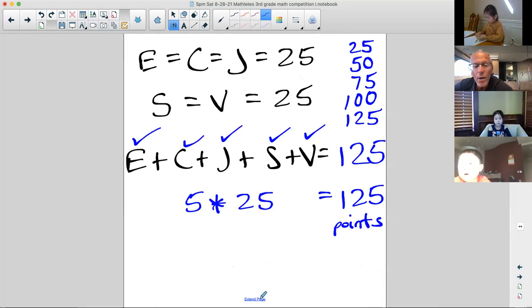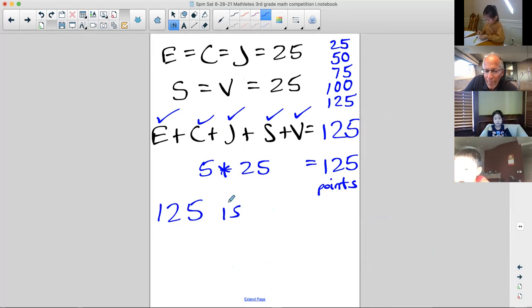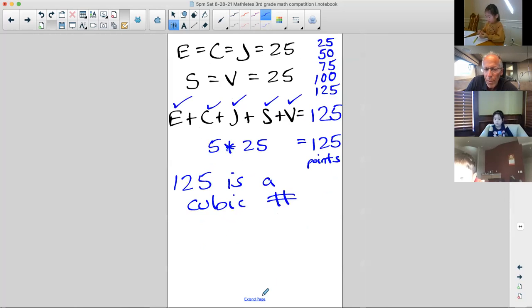Now, don't forget, 125 is a cubic number. 125 is called a cubic number. Why is it cubic?